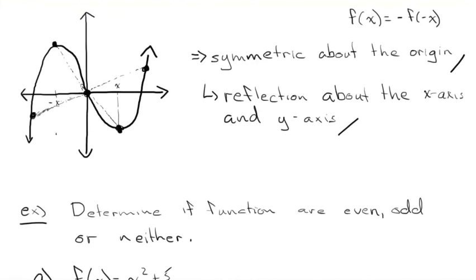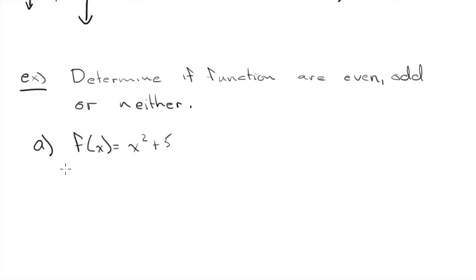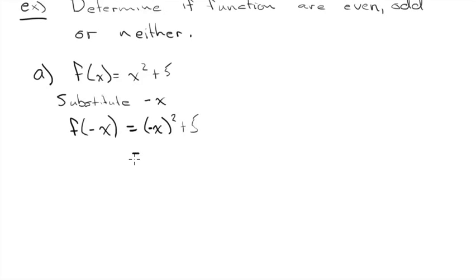So what we're going to do is just substitute negative x into the equation, or evaluate the function at negative x. It's fairly easy to do. You just take negative x and substitute it into this. So negative x squared plus 5. Well, negative x squared, you should know that's the same as x squared plus 5.